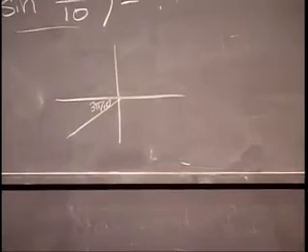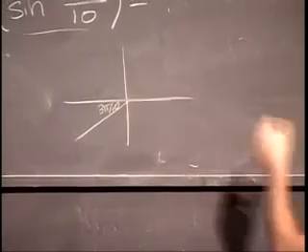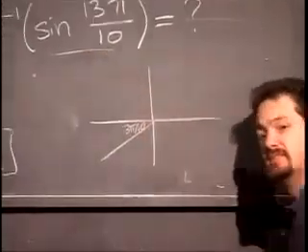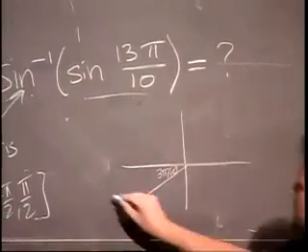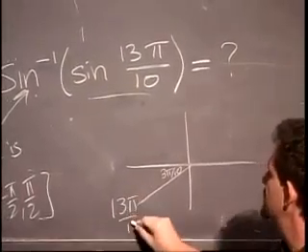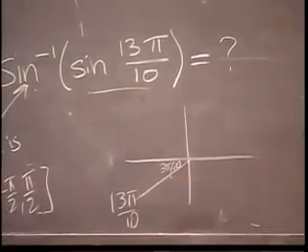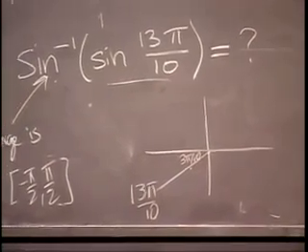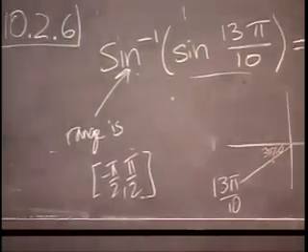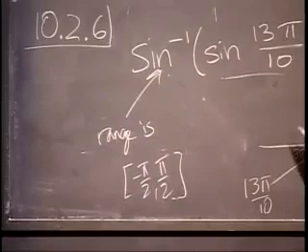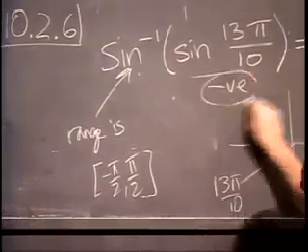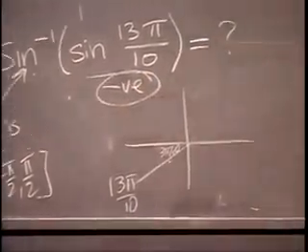So what I need to do is understand, first of all, is this positive or is it negative? So this is 13 pi over 10. So sine, we're in the third quadrant. Sine, positive or negative? Come on. ASTC. Negative. So actually, this is negative. Okay.